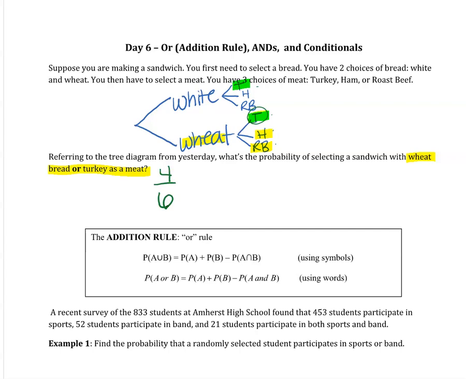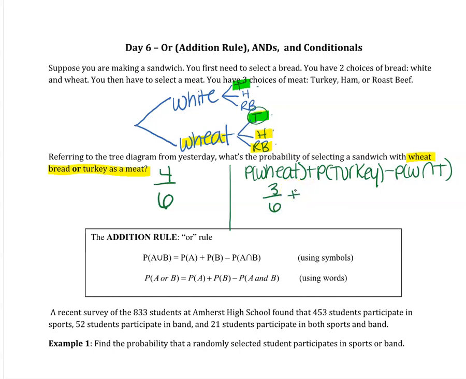Now this relates to the OR rule that I've actually been teaching you throughout the way, where the OR rule says you can do the probability of wheat plus the probability of turkey, and then subtract the overlap because you don't want to count it twice. So for probability of wheat, you had a 1/2 chance, or I'll actually write it like this, 3 out of 6 chance of picking a sandwich with wheat bread.